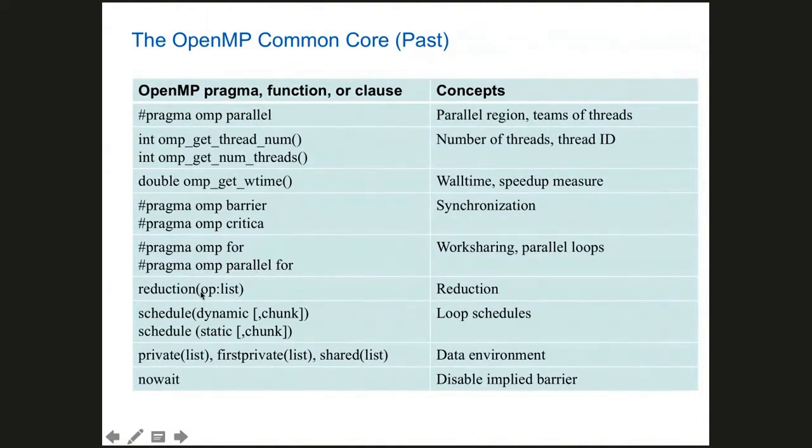It has reductions, it has schedule to deal with how the worksharing is actually done at runtime. And certainly there is some data management, how to define the data, and the low weight is basically to disable the implicit barrier. So that's the basic introduction to OpenMP. We only cover that many.